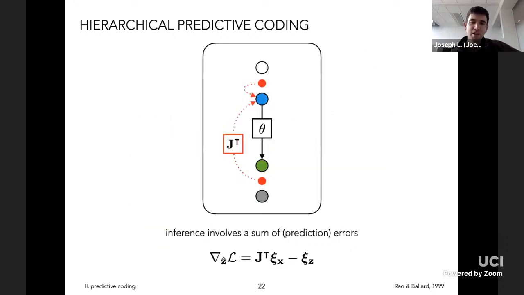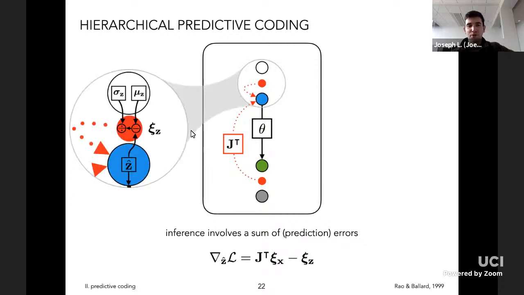So if we want to update our estimate of the state of the world, z hat, that involves potentially making some gradient updates to that estimate. And in the case of this model that we outlined, those gradient updates just involve a linear combination of error terms, which I've denoted down below. So what are these errors?